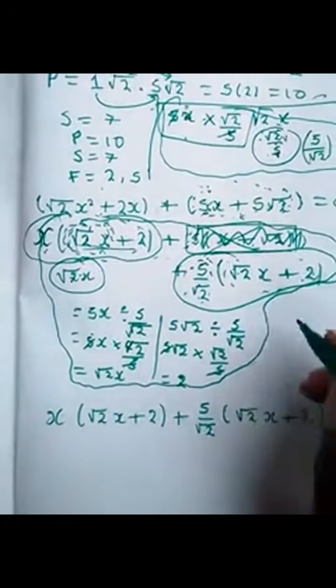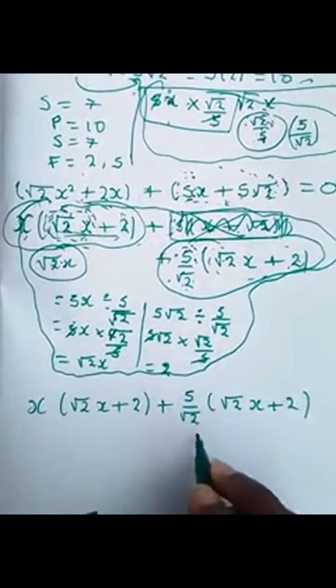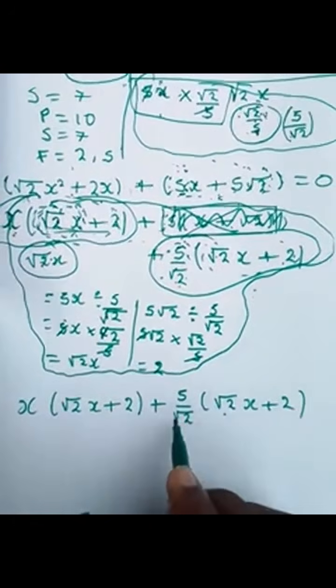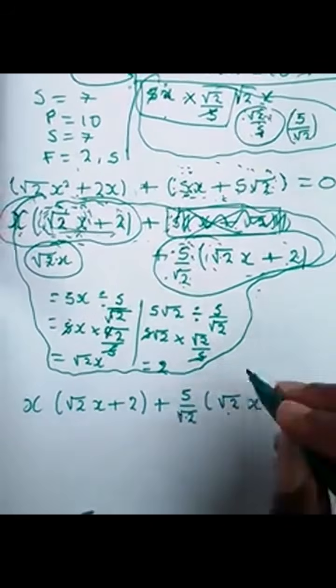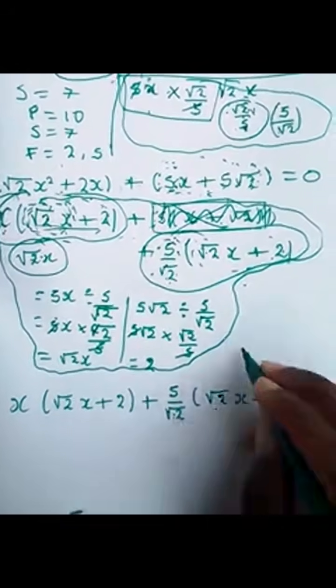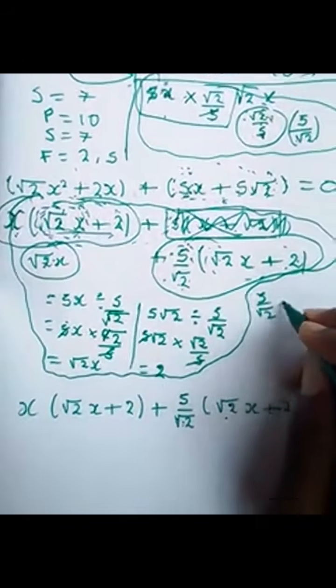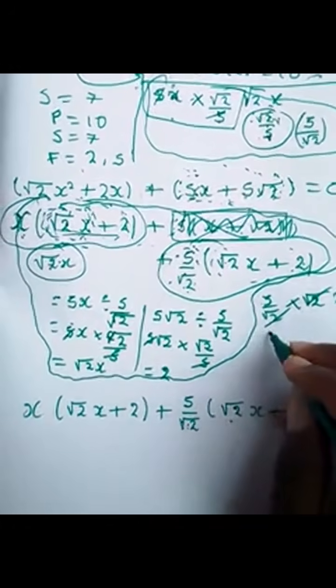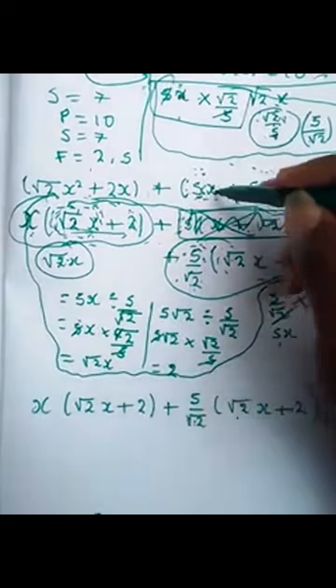Let me challenge you, especially on this part. Expand this, multiply this times this. 5 over square root of 2 times square root of 2x. This and this will cancel, right? We have 5x, which is the initial value.